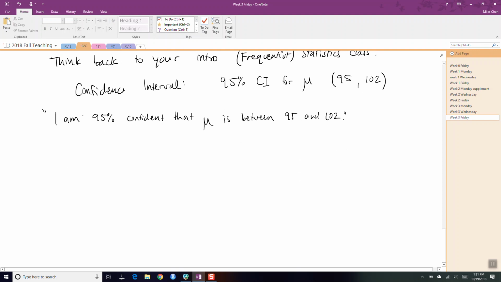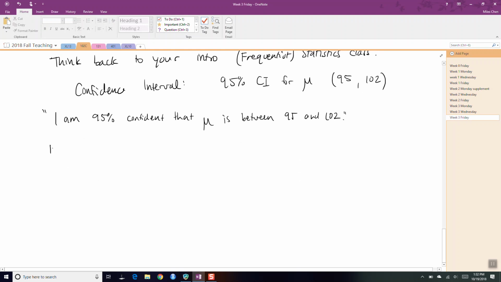I don't know if your intro stats teacher told you this, but I try to make a point of it and say, when you make a confidence interval, one thing you are not allowed to say, at least in frequentist statistics, is that there's a 95% probability that mu is between 95 and 102.